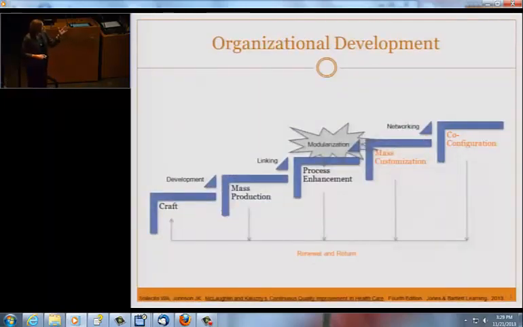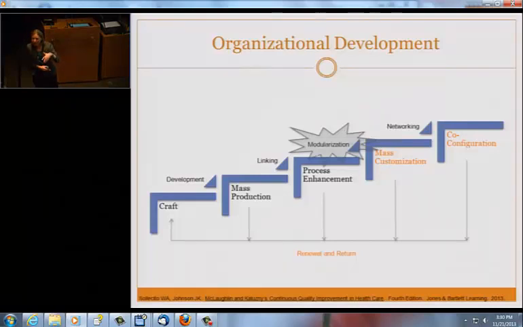This is an example of how organizations morph over time, and I'll use Dell computers as an example. When we first started, people were making computers in their garages. It was a craft. They were doing it for themselves and for the people around them for very specific needs.